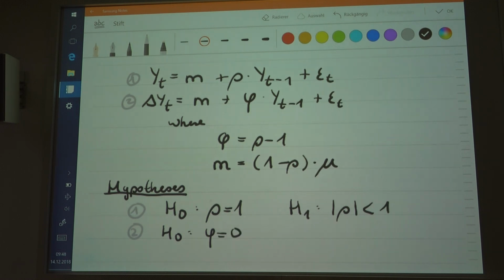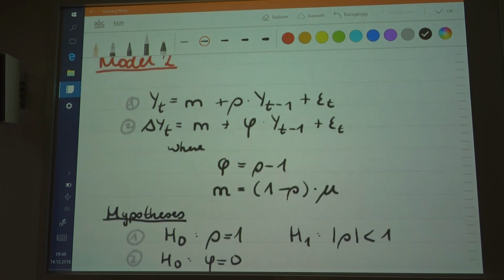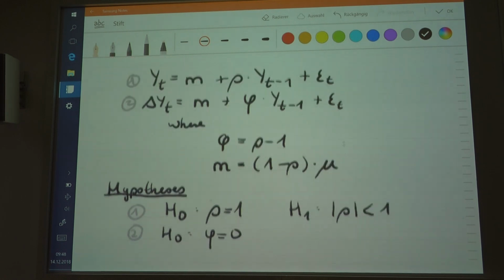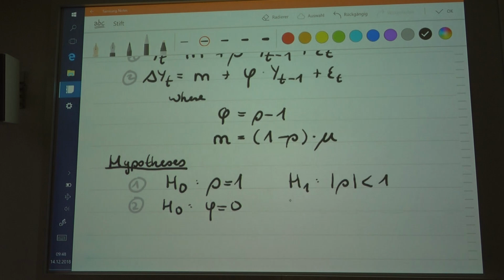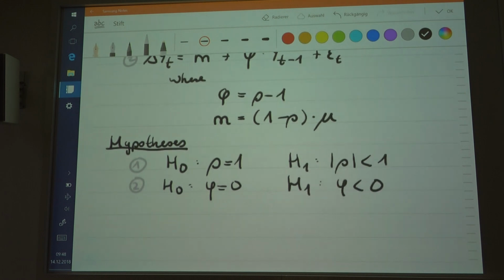If phi is equal to 0, then of course the constant here will also be equal to 0. The alternative hypothesis will say that phi is less than 0, which is of course equivalent to the alternative hypothesis of the second model in the first case.